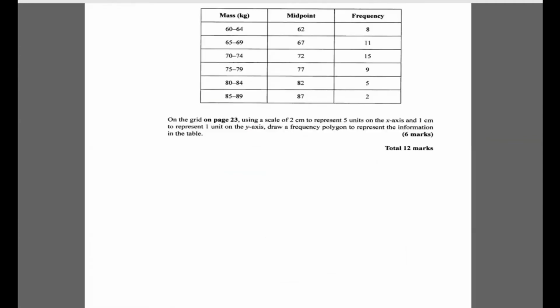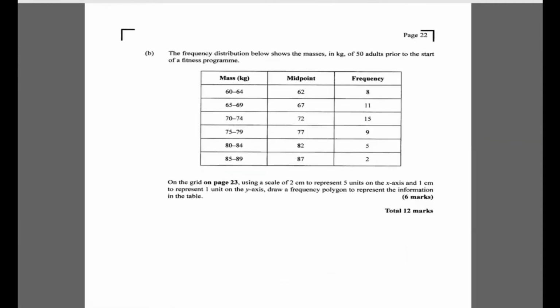Now, it gives us this question, and it says, the frequency distribution below shows the masses in kilogram of 50 adults prior to the start of a fitness program. 60 to 64 kilogram, 65 to 69, 70 to 74, 75 to 79, 80 to 84, 85 to 89, and so on.